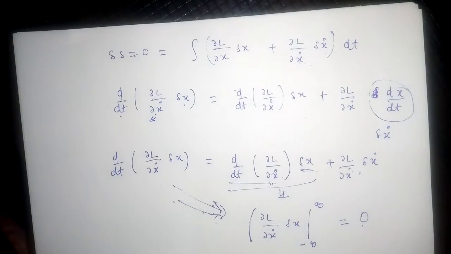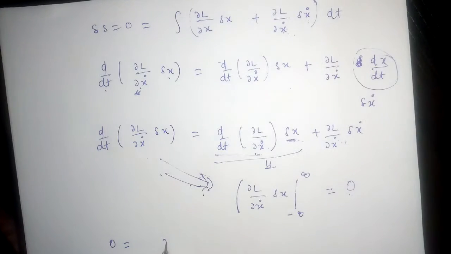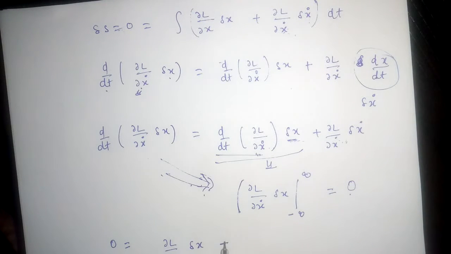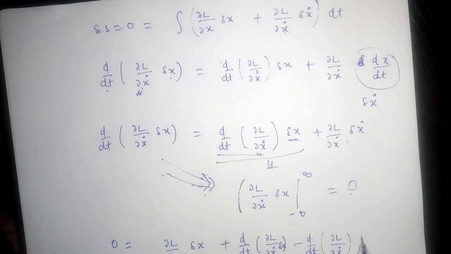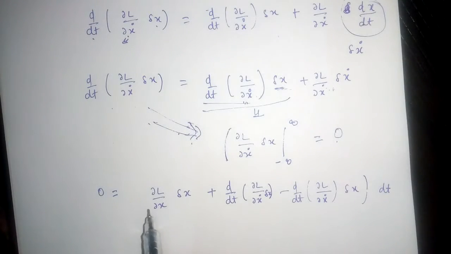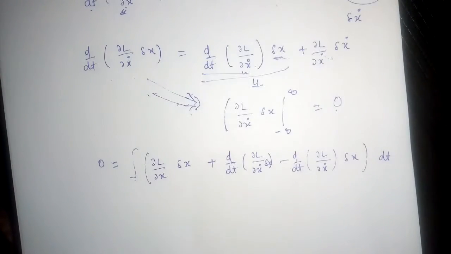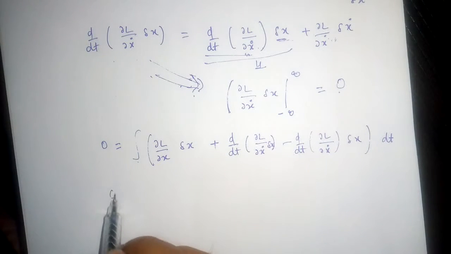This 0 equals delta L upon delta x plus, you can write first d by dt, so delta x here minus this term d by dt, and dt also, integration with boundary conditions.